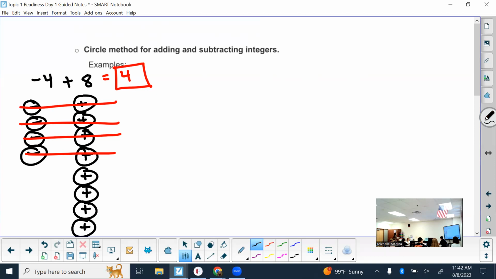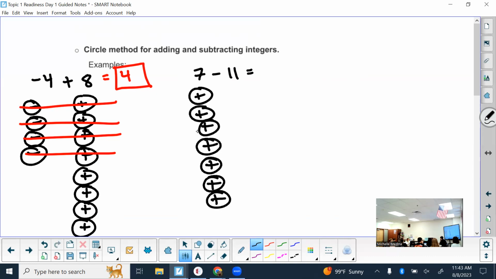All right, it even works for subtraction. Say I have 7 minus 11. What's the sign that's on the 7? Positive, so I'm going to draw 7 positive bubbles. 5, 6, 7.